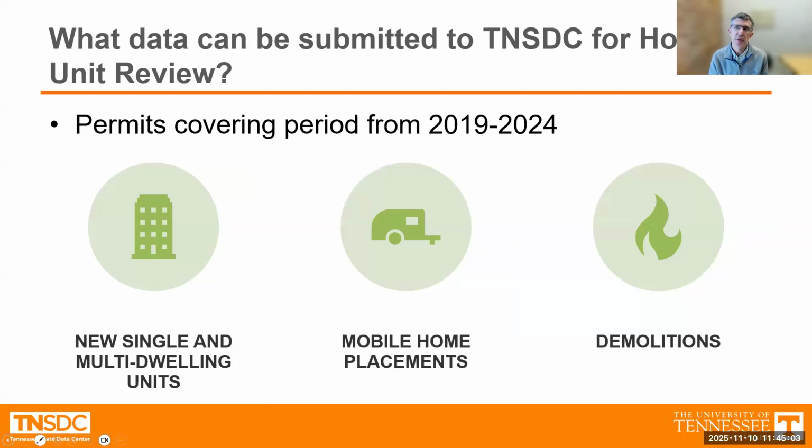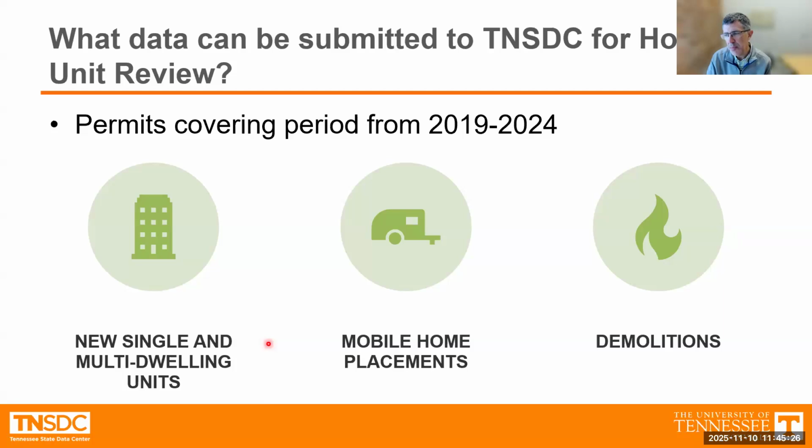So if you determine that you are one of these three types of communities and you want to participate in the housing unit review, you can submit data to us covering the period from 2019 to 2024. And there's three types of permits that you can submit. The first is new single and multi-dwelling units. So this is kind of your standard building permit.